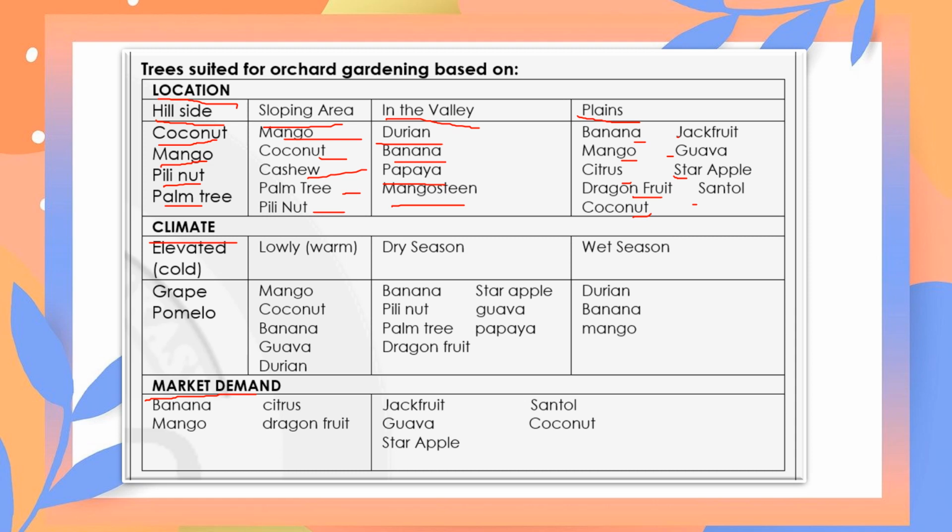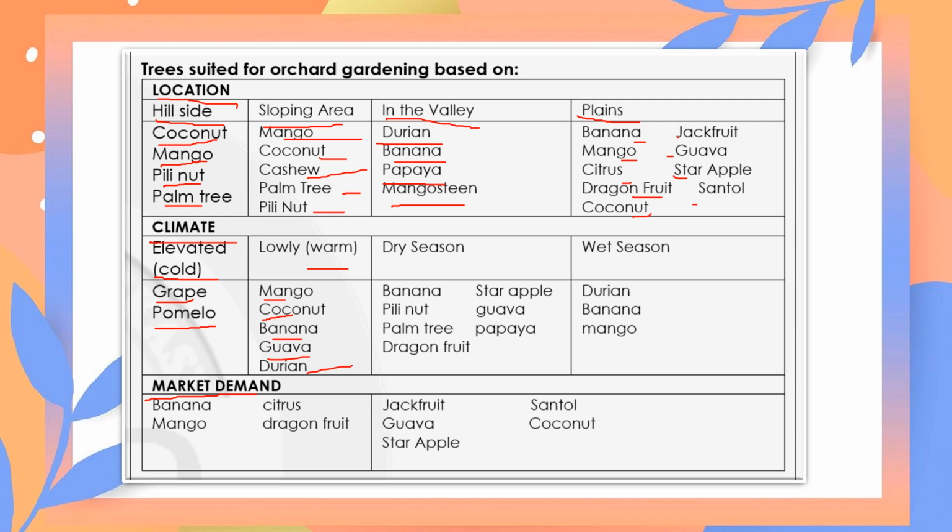So next, let's enumerate trees suitable under climate. So we have elevated, or these are the cold areas. So we have grapes and pomelo. Lowland or warm area. So we have mango, coconut, banana, guava, and durian.